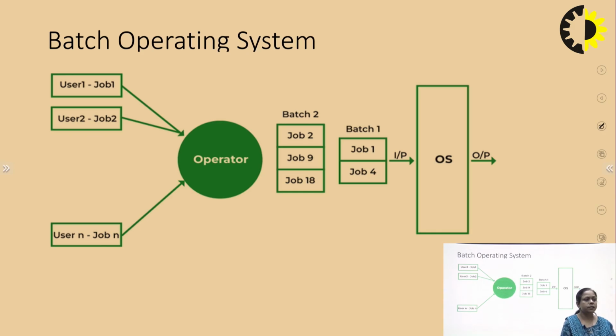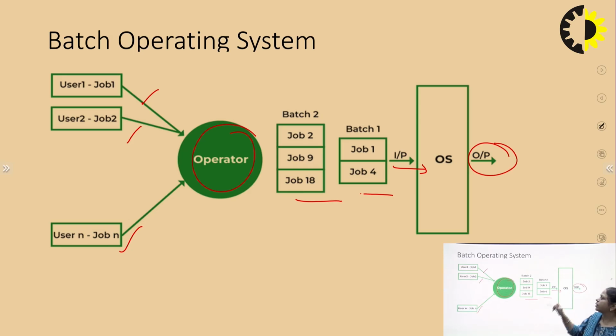You can see this example in the figure. Here there are different users, and each user has their jobs, job 1, job 2, up to job n, and this is the operator. Users give their jobs to the operator, and then the operator categorizes these jobs into batches. Similar types of jobs are kept in one batch only, and then these batches are submitted to the computer system, and then we get the output.